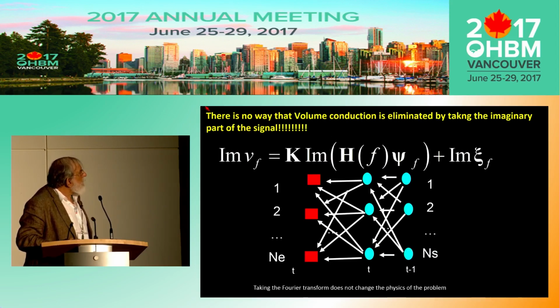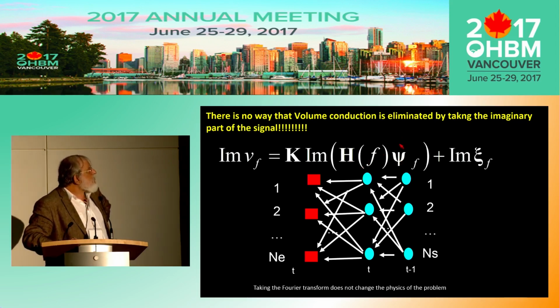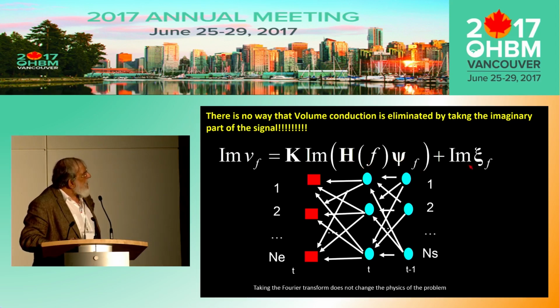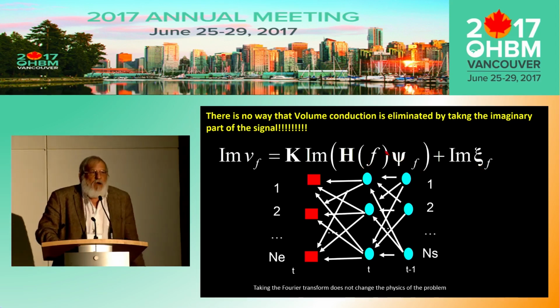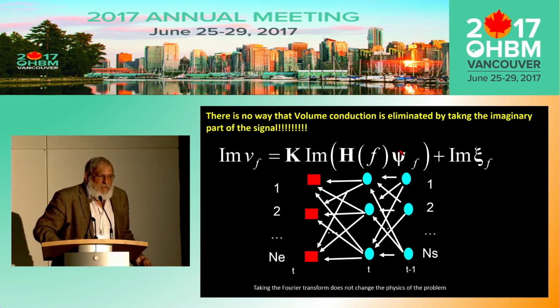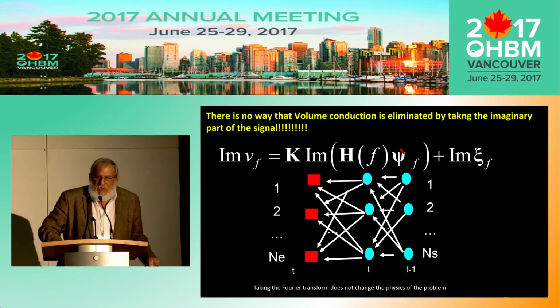Now, if we take the imaginary part of this expression, we have the lead field multiplying the imaginary part of this transfer function multiplied by the actual sources. And then, of course, the imaginary part of the noise. Once again, how can anybody say that by taking the imaginary part of anything, you can get rid of volume conduction?